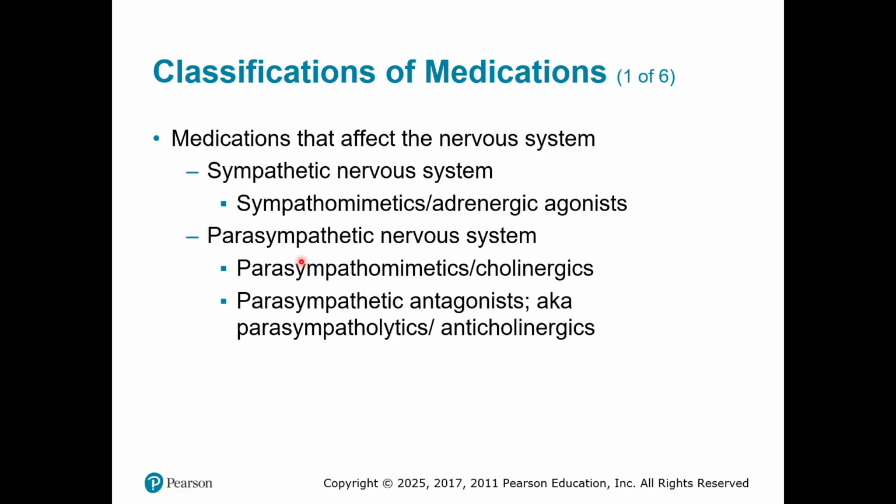So if we have somebody who has a pulse rate in the 30s and a blood pressure that's tanked, and we want to affect blood pressure, remember cardiac output is blood pressure, and the formula is heart rate times stroke volume. All I have to do to get blood pressure up is to affect heart rate or to affect stroke volume. So this patient's blood pressure is tanked because they have a pulse of 30.